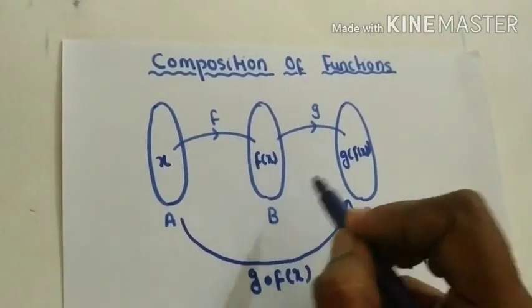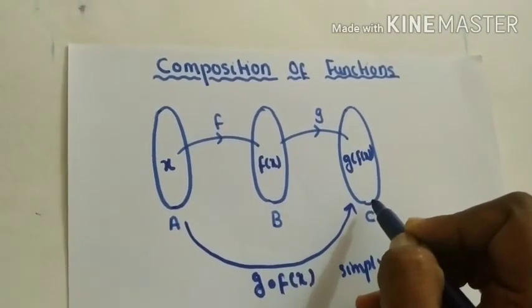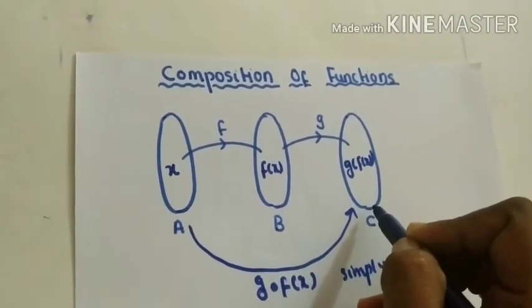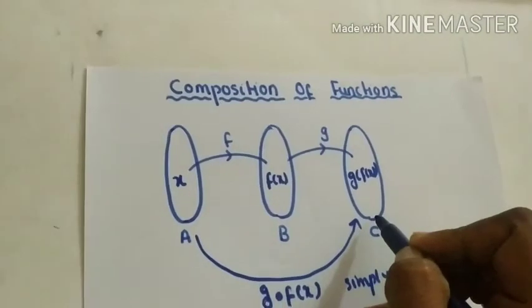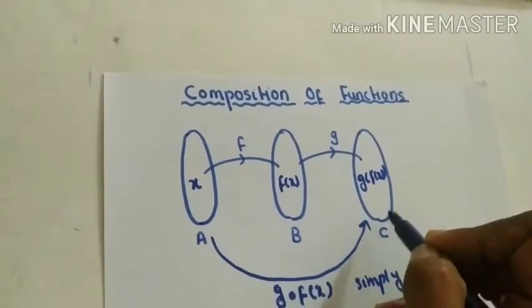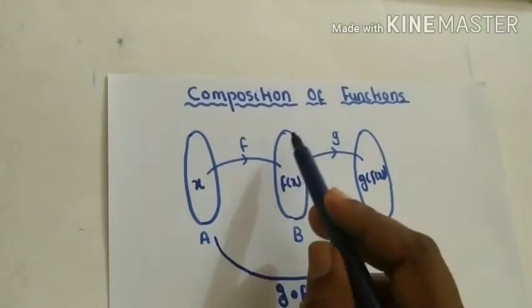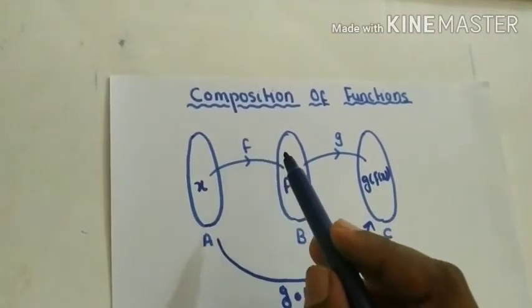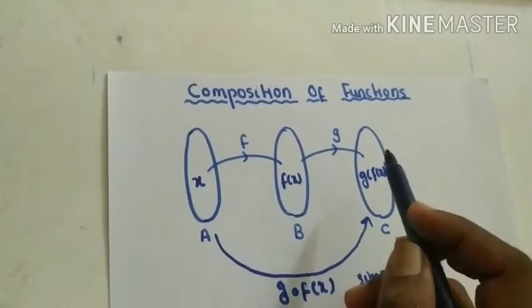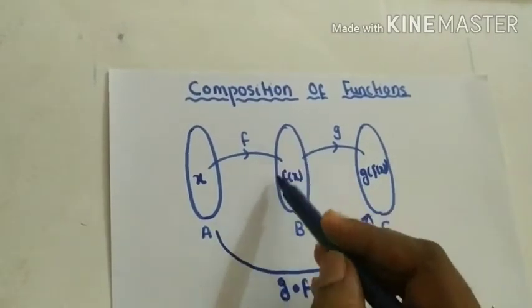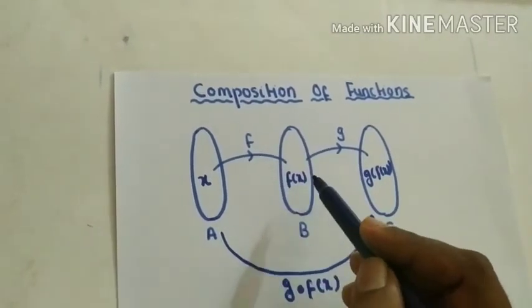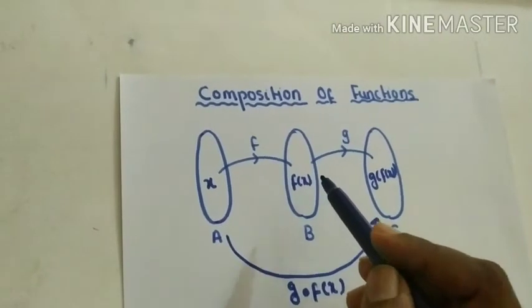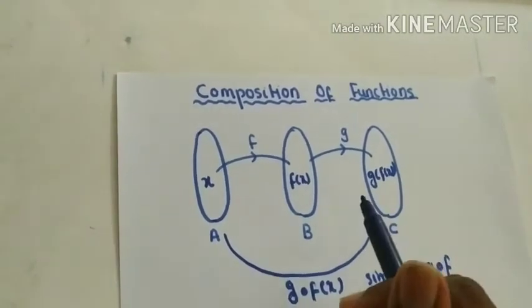This is our domain and this becomes our range. So the first point to be noted is that the range of function f should be a subset of the domain of g for g of f to exist.